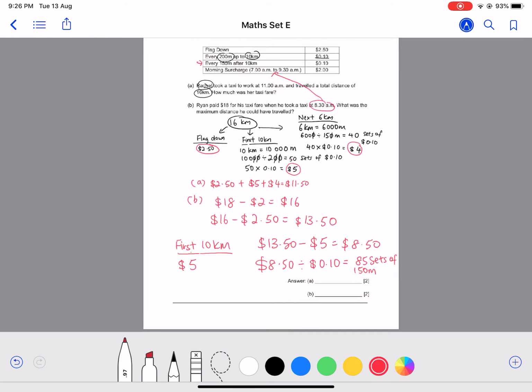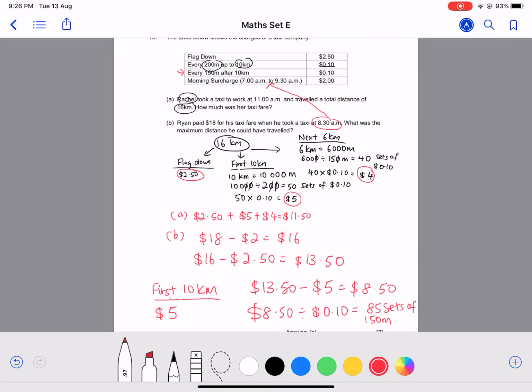Okay, so with that in mind, if I know that there's 85 sets of 150 meters, let's find out how long that is. 85 sets times 150 meters will give me 12750 meters, which is the same as 12 kilometers, 750 meters.